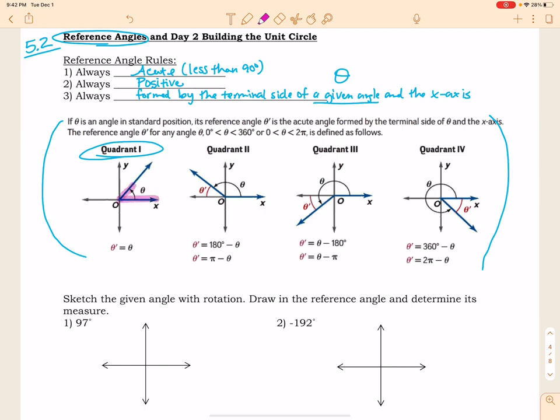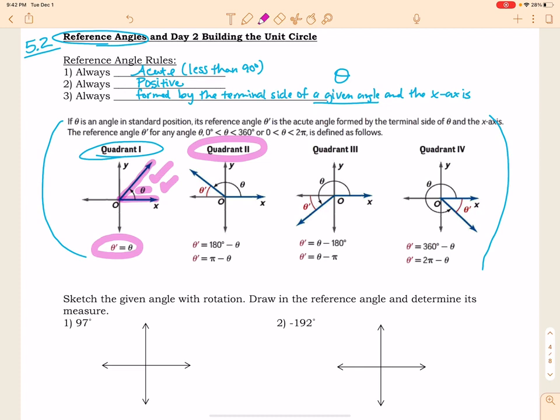If it's acute, in quadrant 1 and positive, that means the reference angle for this angle theta is going to be itself. Okay, they're equal to each other. Because the reference angle is always acute, check. It's always positive, check. And it is always formed by the terminal side of a given angle, theta, and the x-axis, check, check.